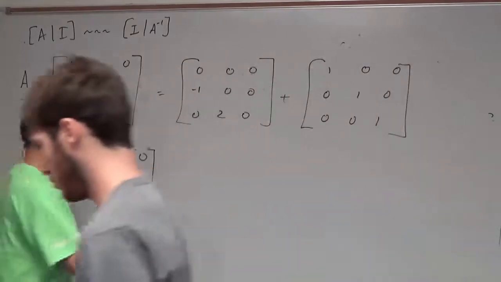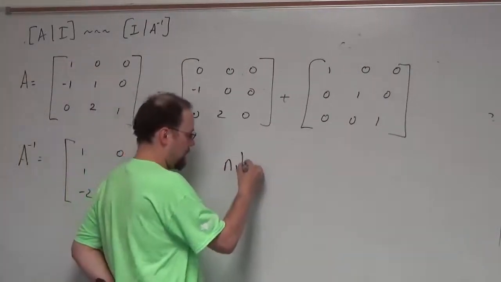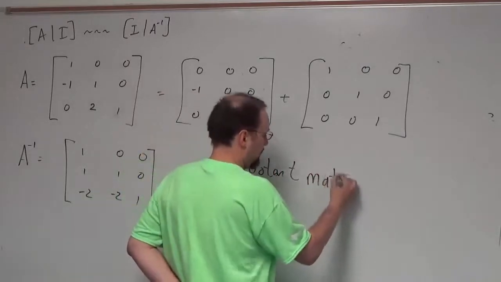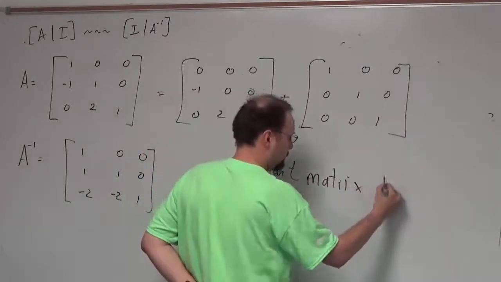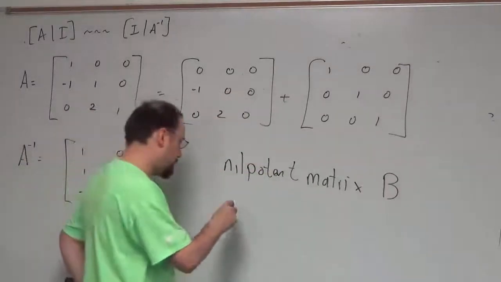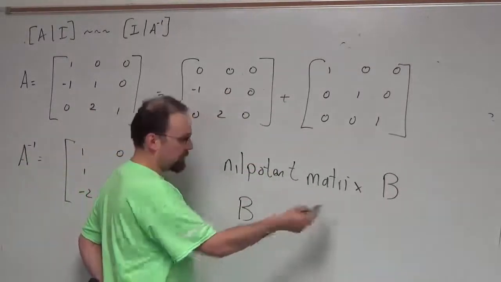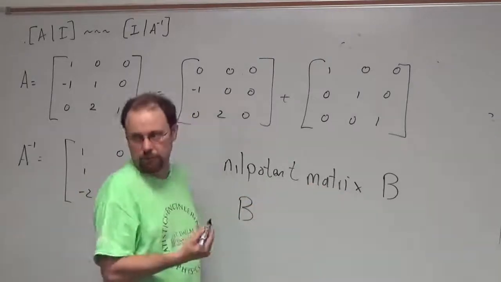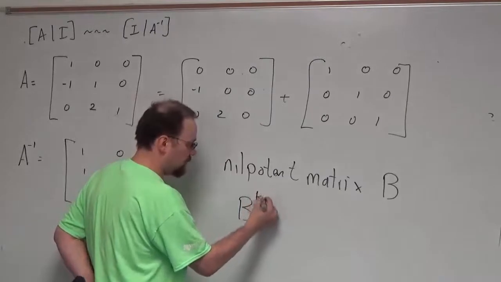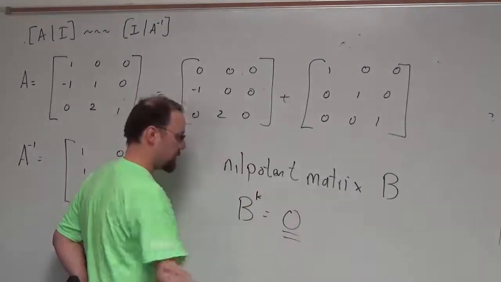It's called the nilpotent matrix. And a nilpotent matrix B is one where if you raise it to a power, so obviously we're talking about square matrices, eventually it'll become the zero matrix.